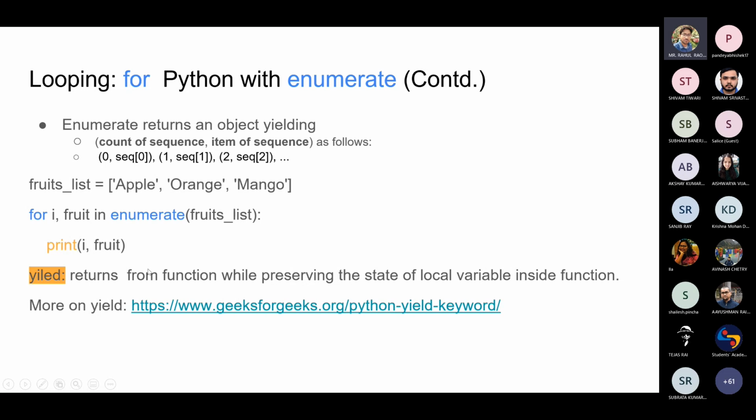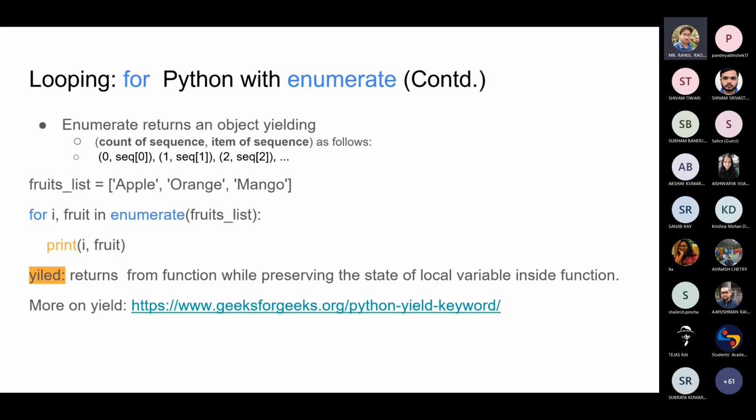So yield might be a new keyword. Yield returns from a function while preserving the state of a local variable inside the function. So this might seem complex, as we have not seen functions yet and the state of the local variable. Those who know functions, local variables and state can see this reference link.